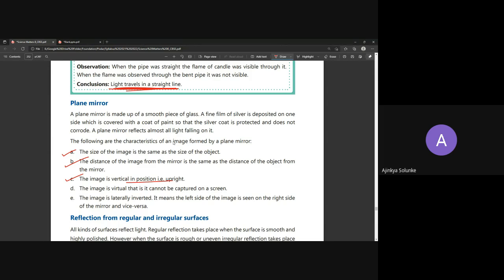Upright, vertical in position. What word have we used for upright? Erect. Okay, so kindly write down erect, because upright is just for 8th standard, but for higher grades, 10th, 11th, 12th, you will require this word erect. So it's better to remember erect only. Upright is also correct. Okay, and lateral inversion.